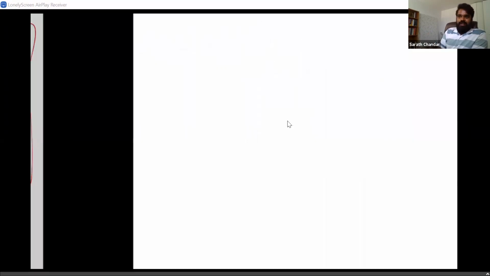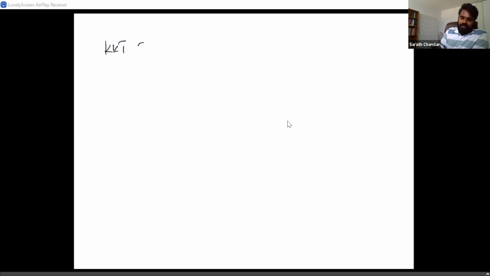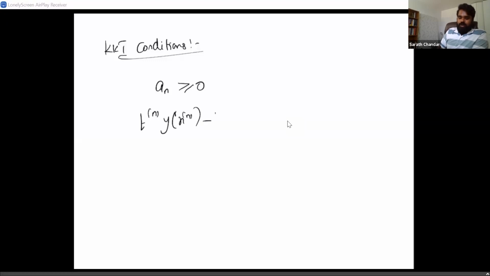So now I will directly write the corresponding KKT conditions for this problem. We have similar ones as before: a_n greater than or equal to 0, t_n y(x_n) minus 1 plus epsilon n greater than or equal to 0, and either of them has to be an active constraint.